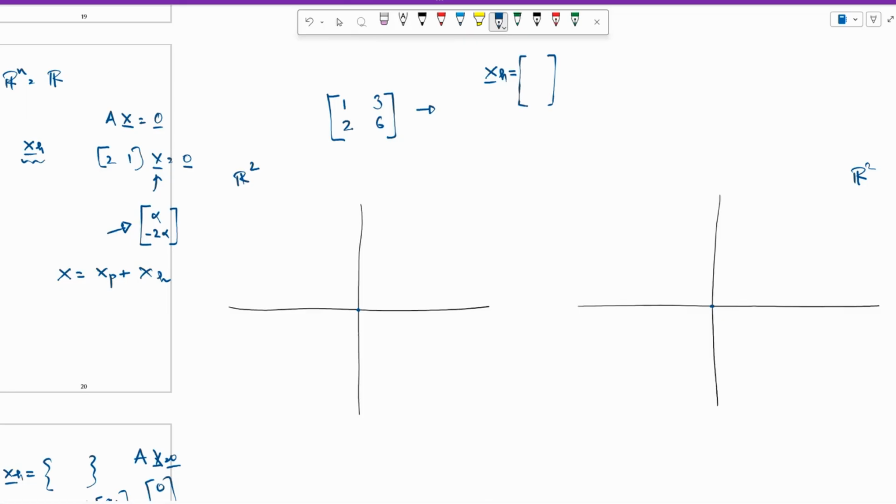Yeah. Alpha, minus alpha. Yes, that's correct. So all points of this form will now produce the 0 vector.